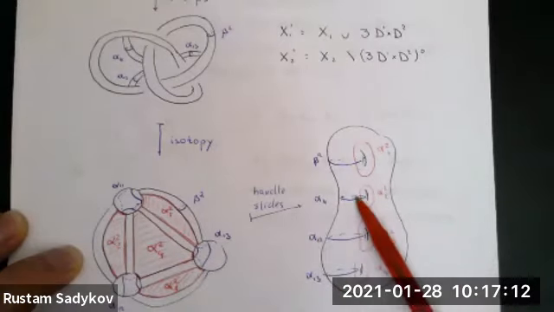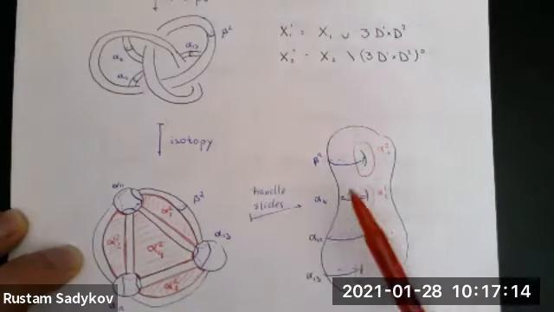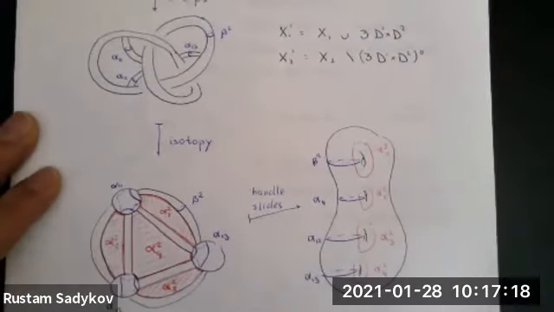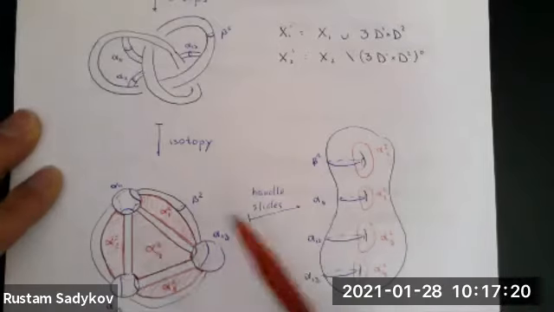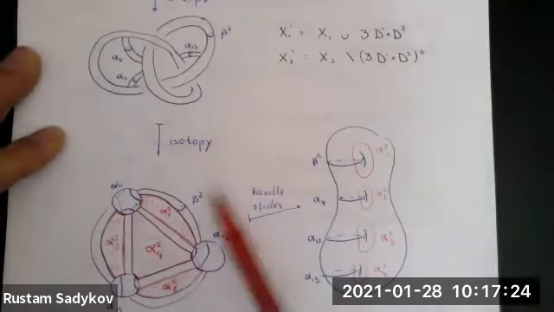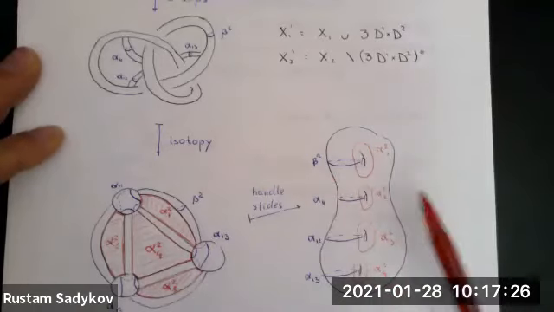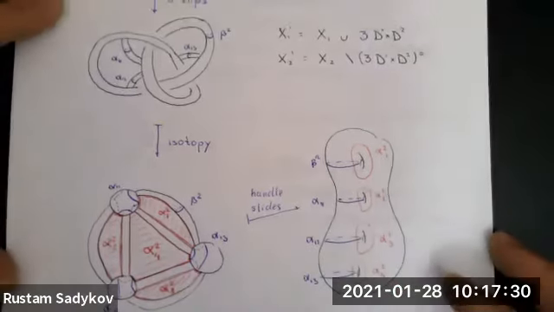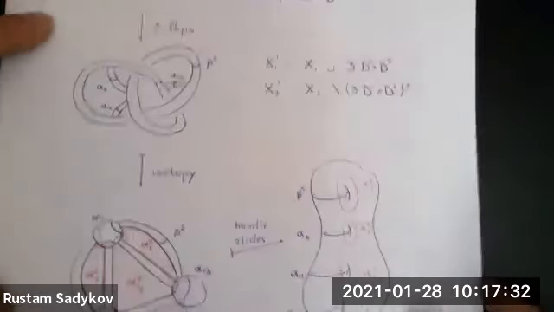So this picture and this picture are related by handle slides. Handle slides are manipulations of decompositions. So we decompose the manifold into handles, and we can modify them in a standard way and get such a handle decomposition. So this is a standard Heegaard diagram of a sphere.